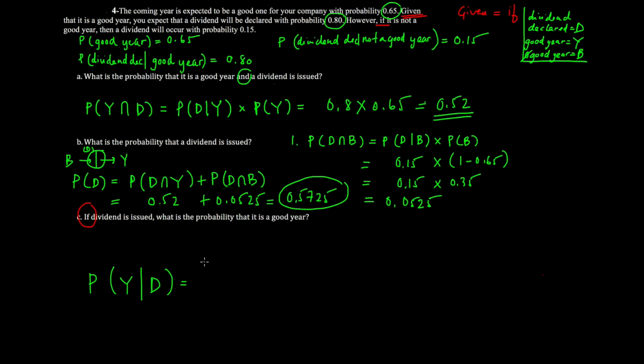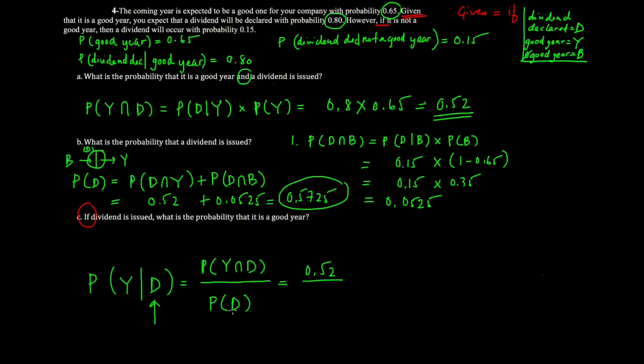So this is equal to, we know that at the top, it's the and. And then at the bottom, be careful, it's the condition, okay? So it's the probability that a dividend is issued, dividend is declared, same thing. So then this and here, we have it from part A, it's 0.52.